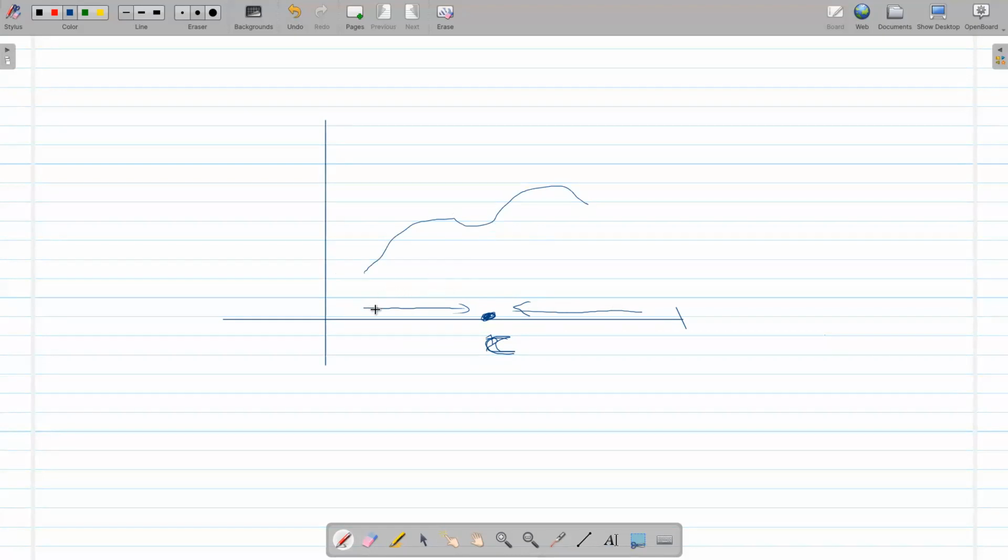So if I approach c along the values less than c, we label it by limit as x goes to c minus. And when I approach this c, my function value changes as I go towards c, no? So when it changes, if I can see it's getting close to some value, we call that value the limit of the function.